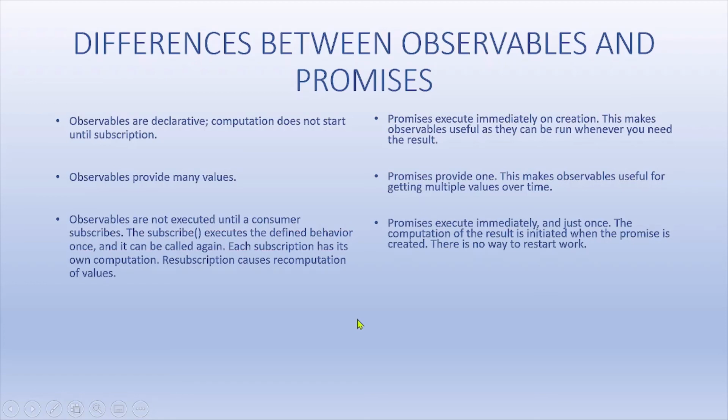Observables can provide many values. Promises provide one. Therefore, if you need multiple values over a period of time, it's better to use observables. Observables are not executed, we know, until we subscribe to them. When we say consumer, we're talking about different parts of the application. So the subscribe method would execute the defined behavior and it can be called again, right? You can call it with different values and therefore the computation may be different every time.